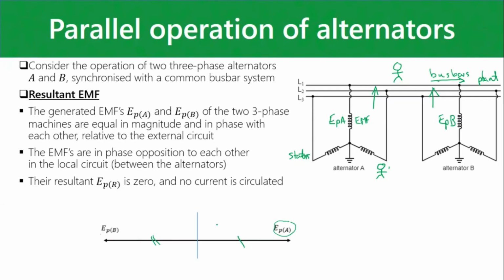They're equal magnitudes, but 180 degrees out of phase with each other. If you add those two together, you get zero. So there's no voltage difference which would drive any current circulating between these two alternators. Then it's perfect.